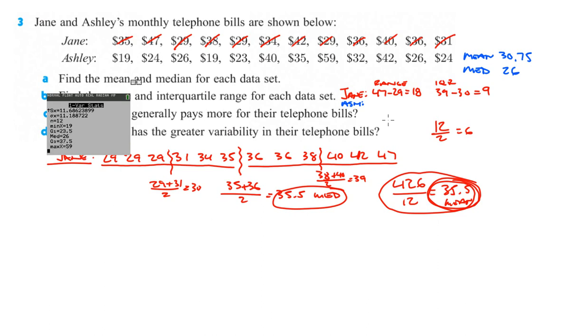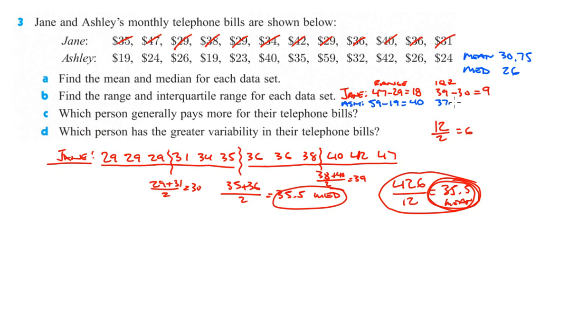So 59 minus 19 gives us what, 40? And then the interquartile range for this is going to be 37.5 minus 23.5. And that is going to give us what, 14?